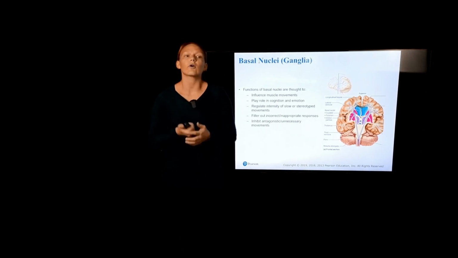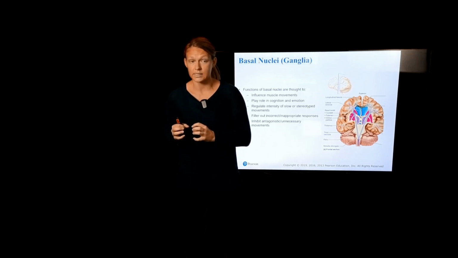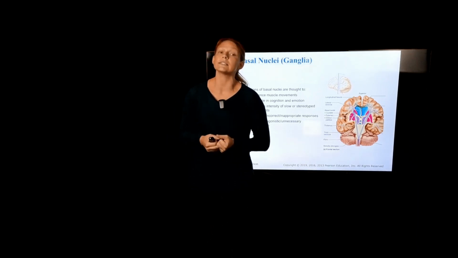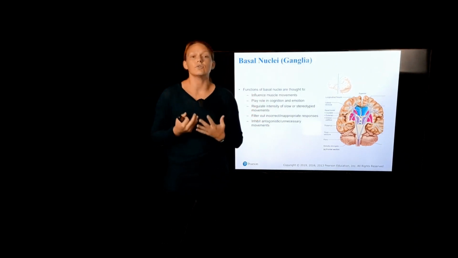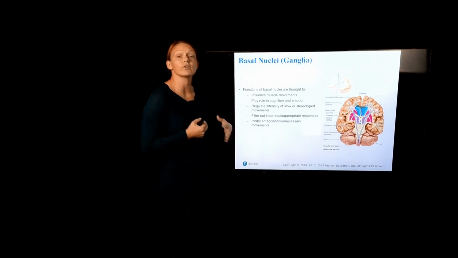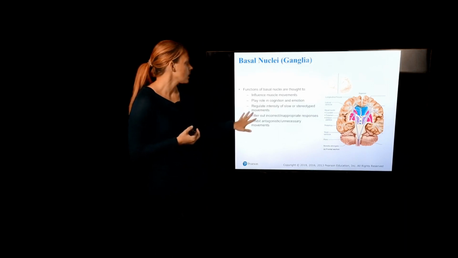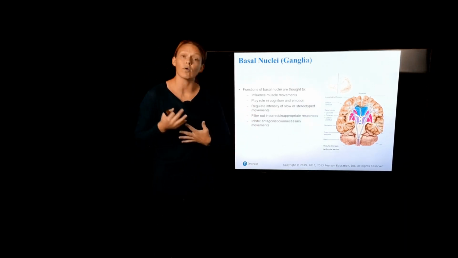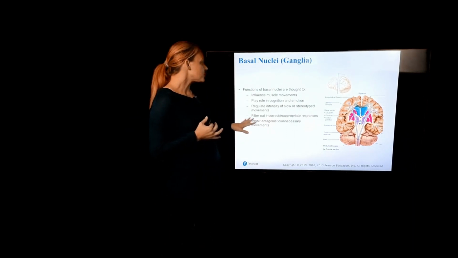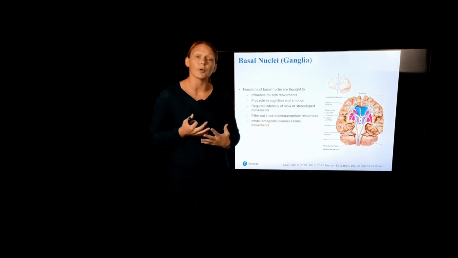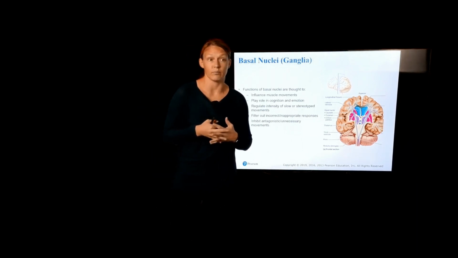So the basal nuclei are going to link the sensory parts of the cerebral cortex to its motor parts. And they connect the motor parts to the brainstem and the spinal cord. Some of the functions of basal nuclei are thought to be things like influencing muscle movements, which I mentioned, playing a role in cognition and emotion, regulating the intensity of slow or stereotyped movements, also known as kind of our muscle memory, filtering out incorrect or inappropriate responses, and inhibiting antagonistic or unnecessary movements.